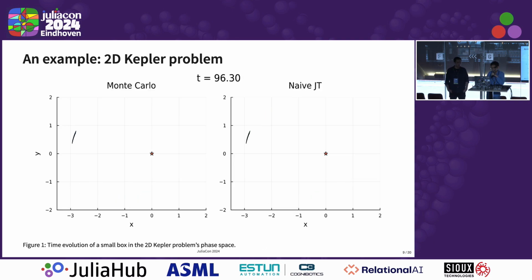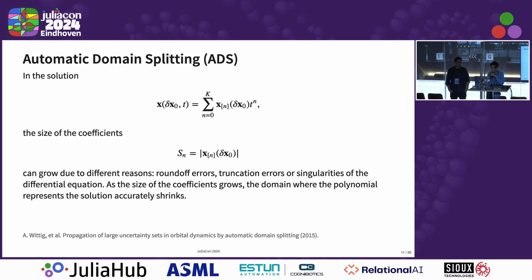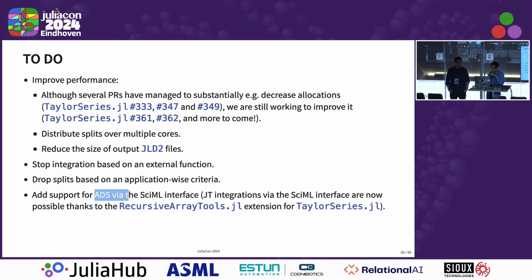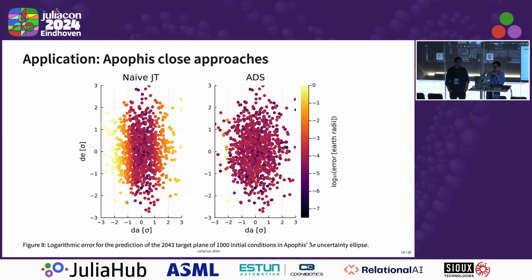And maybe in these first examples, it might be possible to use something like Taylor models, but when we're modeling something like Apophis, and we start considering long integration times and non-gravitational accelerations, etc., as Jorge said, using a rigorous integrator might become too expensive. So this is kind of a middle point.